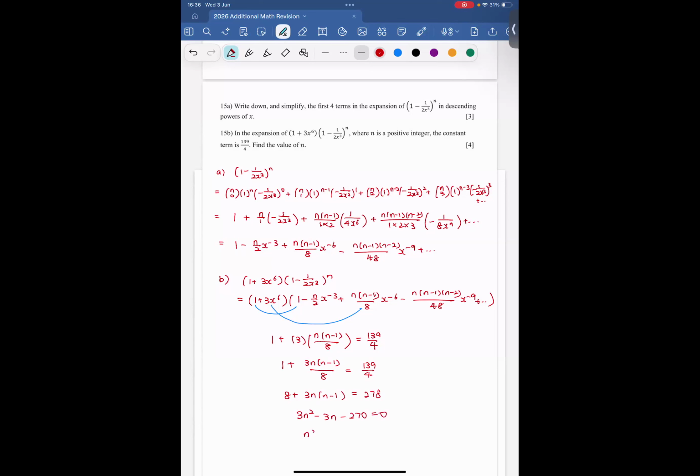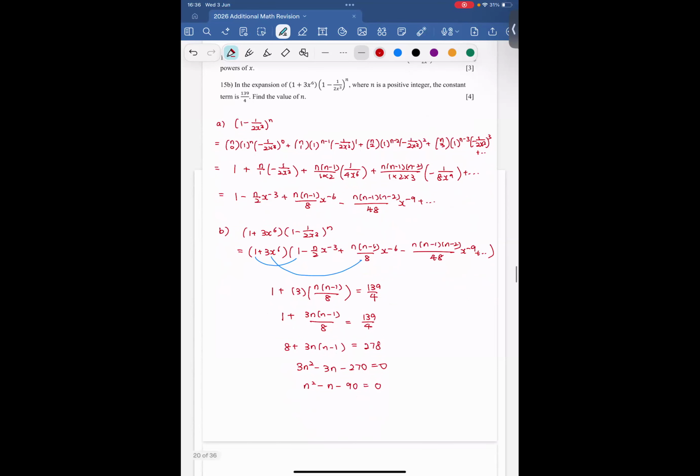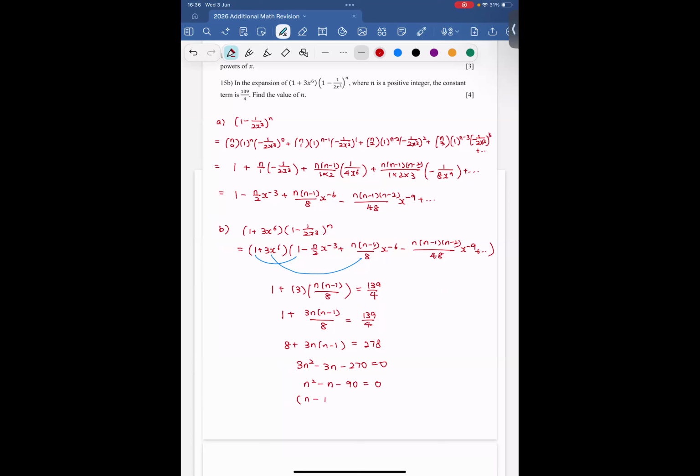Divide by 3. Factorize. So n equals 10 or n equals minus 9. And we know that when we do binomial, the power has to be a positive integer. So we reject negative 9.